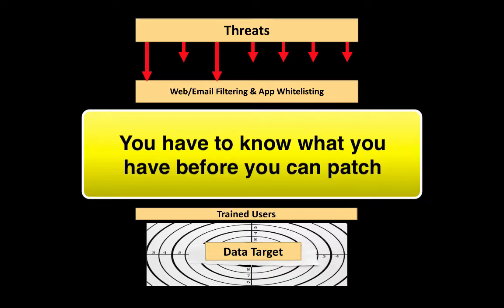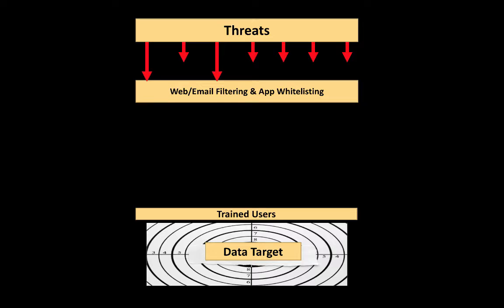Patching is critical to protecting user devices, and understanding what is installed allows us to patch everything installed. With application whitelisting, much malware cannot be installed, and IT is always aware of any software installed on the network.